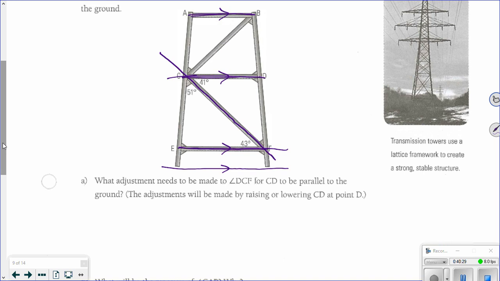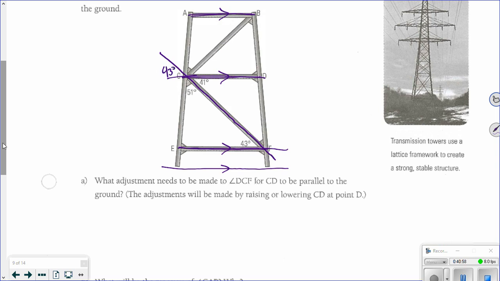So A says, what adjustment needs to be made to angle DCF for CD to be parallel to the ground? It says the adjustments will be made by raising or lowering CD at point D. So right now, it's telling me EF is actually parallel with the ground. So this 43 degrees is right, which means its complementary angle, up here, should also be 43 degrees.